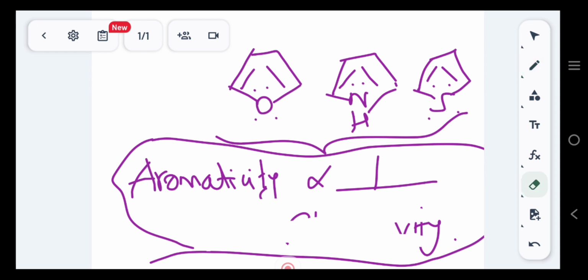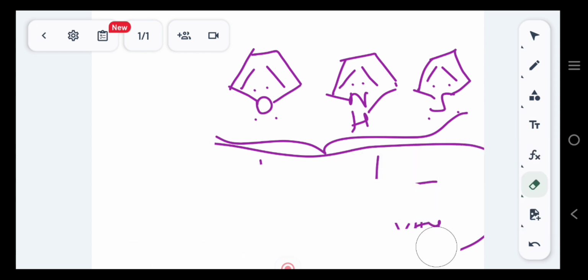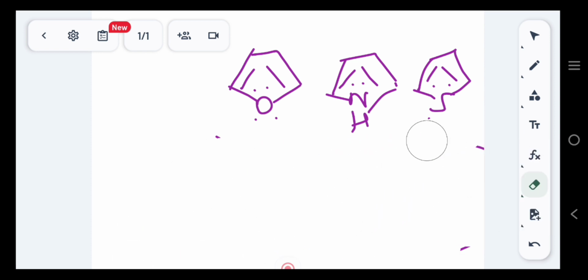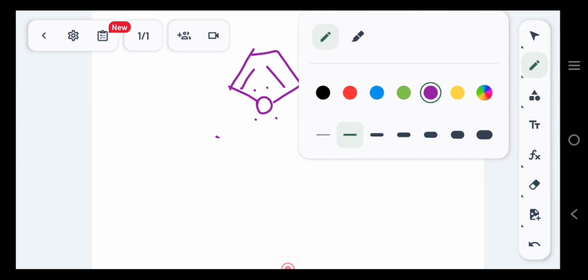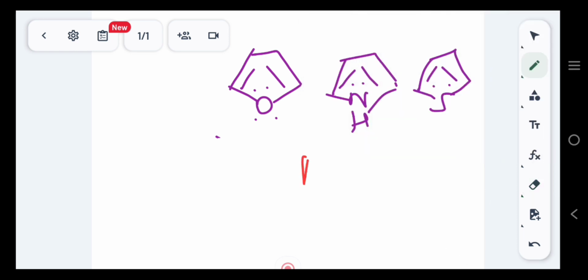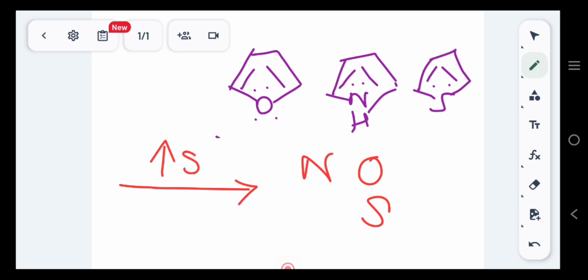So among these three, that is nitrogen, oxygen, sulfur, which is more electronegative in nature? It is oxygen, right? In the periodic table, along the period, electronegativity increases and down the group, electronegativity decreases.